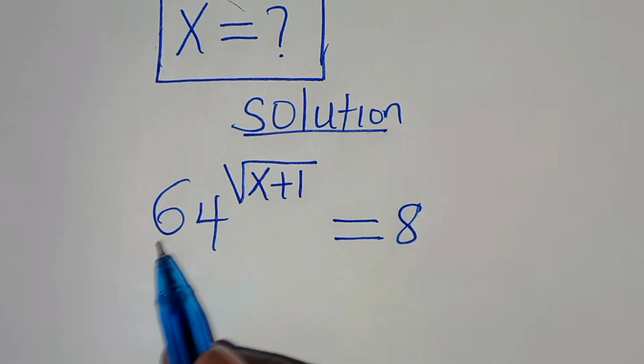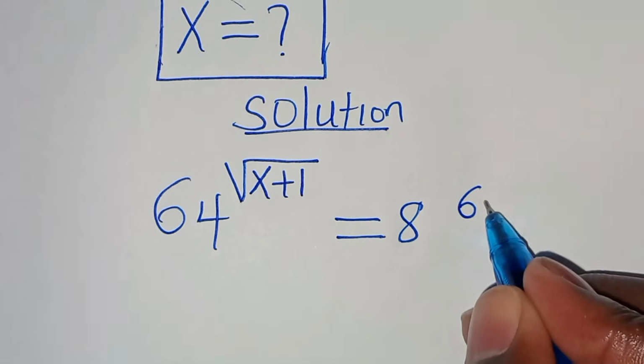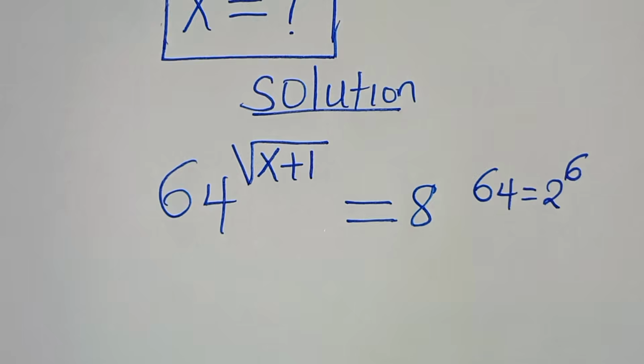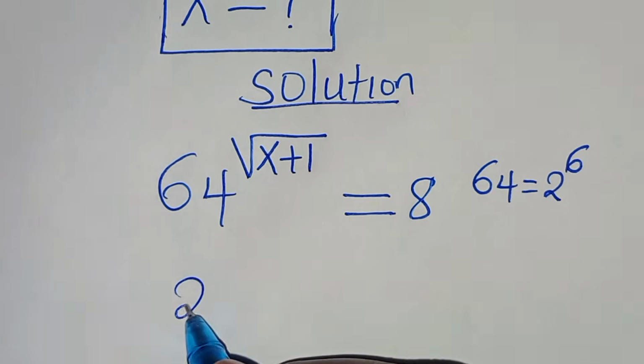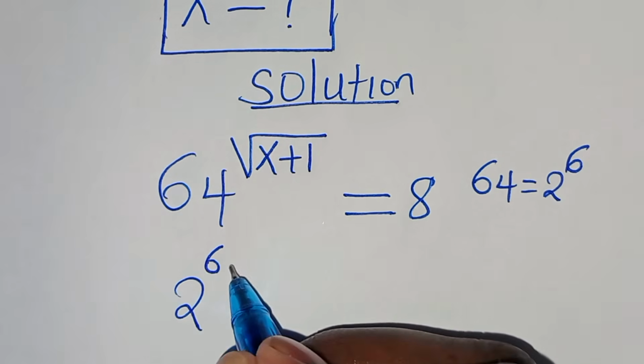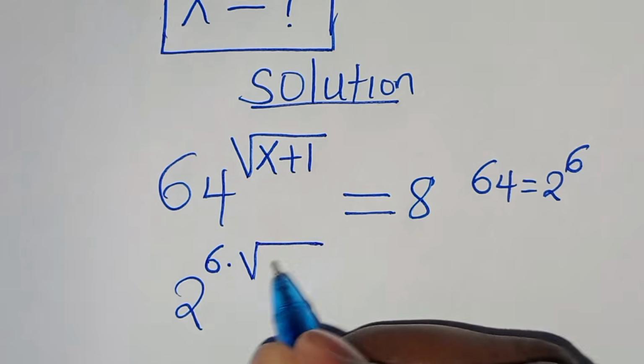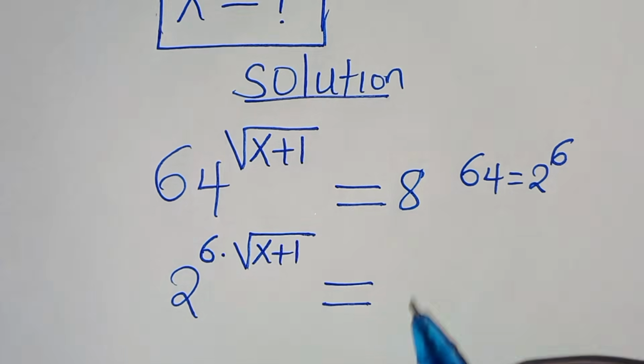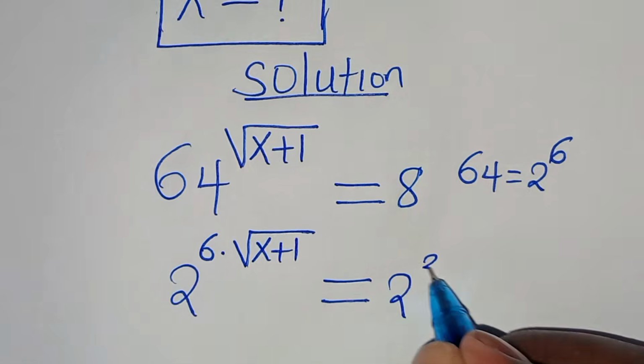Now we can express 64. This is the same thing as 2 to the power of 6. So we have 2 to the power of 6 multiplied by square root of x plus 1. This is equal to 8, which is 2 to the power of 3.